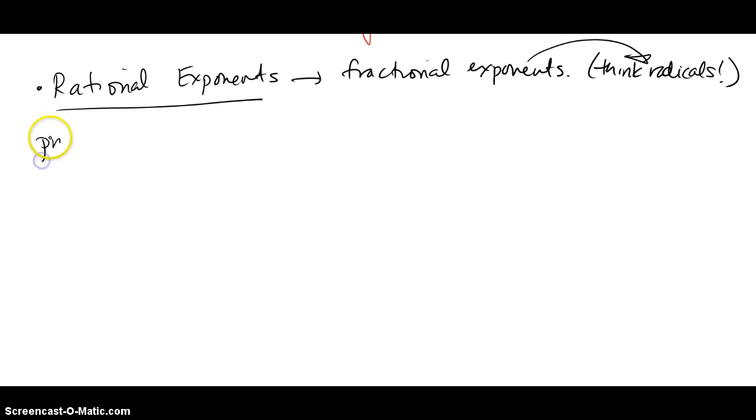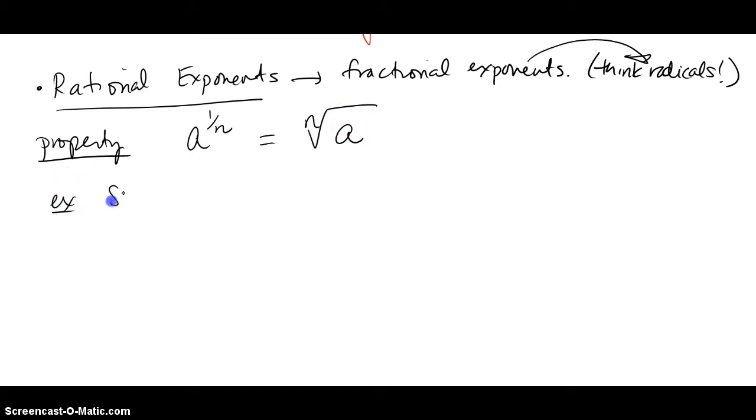So the first property we're going to look at is if I have a to the 1 over n, that's actually really just the nth root of a. So again, anytime I have a fractional exponent, think of it as radicals.